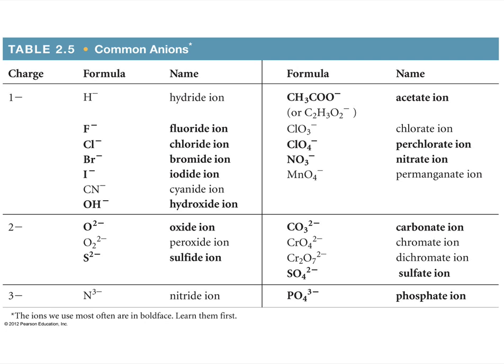The common anions: hydride. So that is hydrogen that's gained an electron as opposed to the hydrogen ion that has lost an electron. Notice that the anions end with "ide": hydride, fluoride, chloride, bromide, iodide, cyanide.